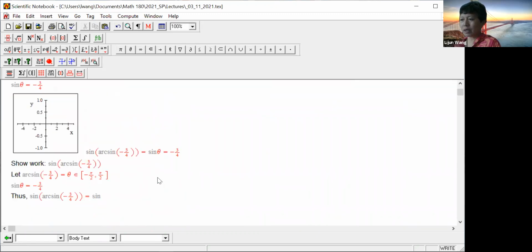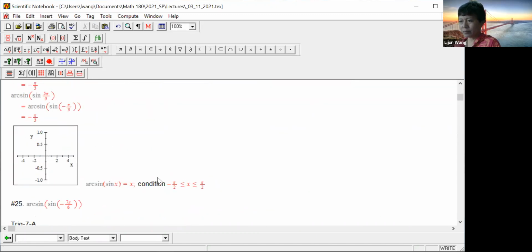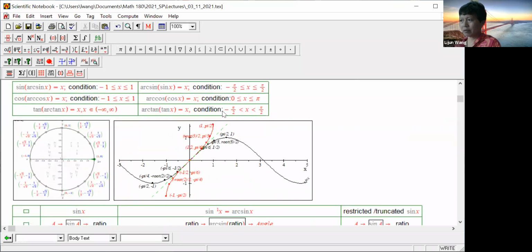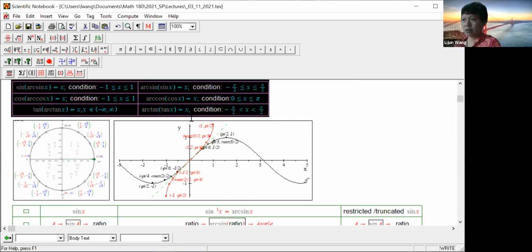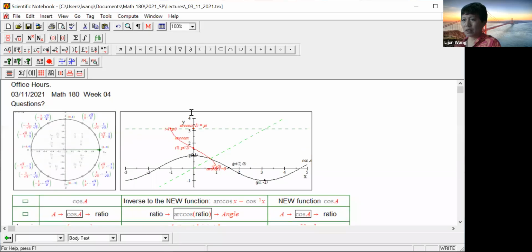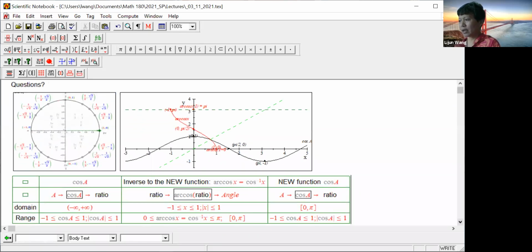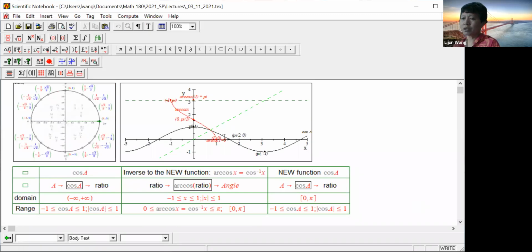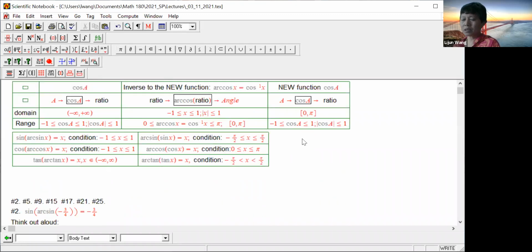There's no need to memorize if you understand. So for arc cosine, all the information you need to know is all here. But I'm not trying to press you guys to memorize.